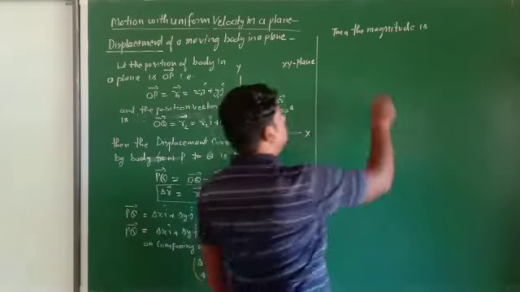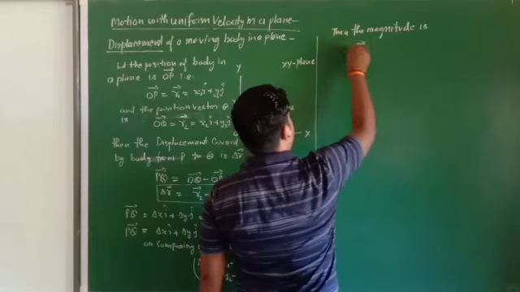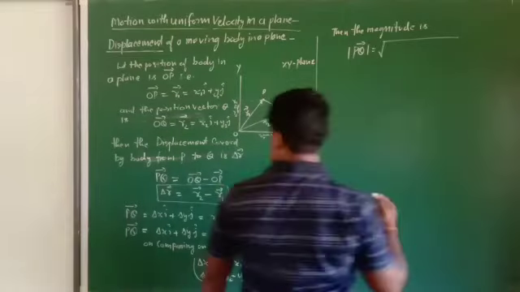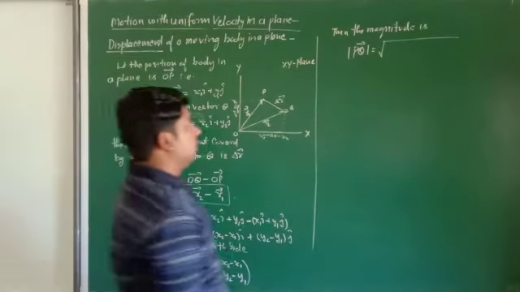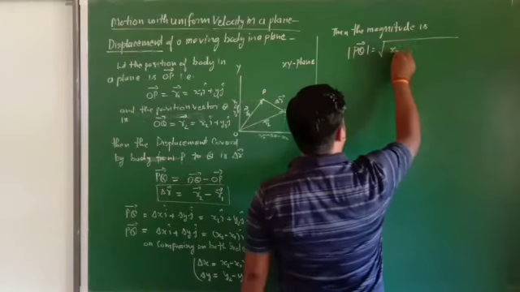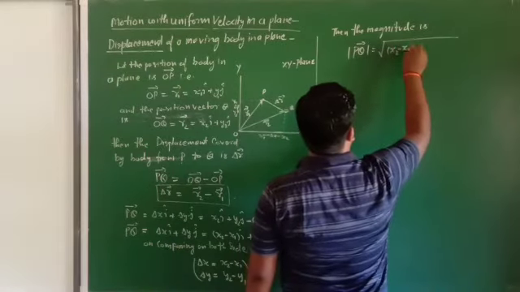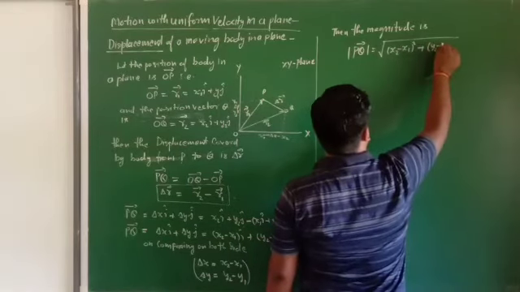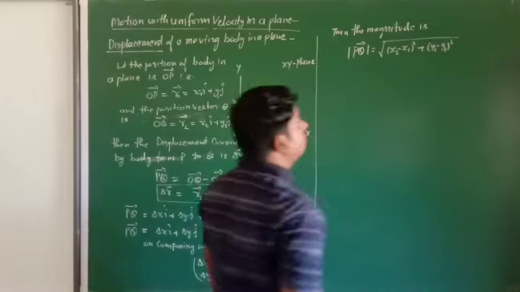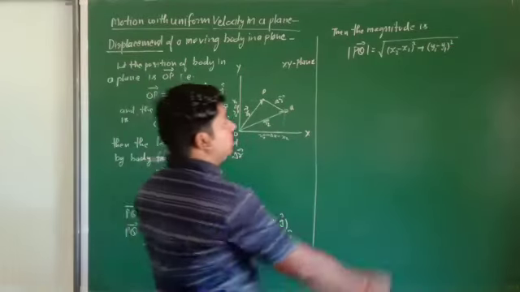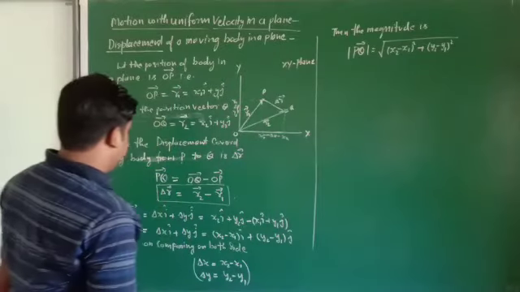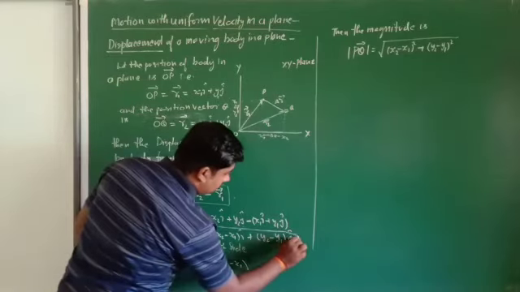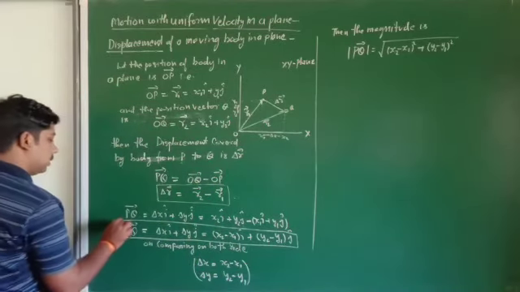So the magnitude of vector PQ is equal to under root (x2 minus x1) whole square, because it is the coefficient of i, plus (y2 minus y1) whole square, because it is the coefficient of j. So this represents the magnitude and this represents the displacement. Okay.